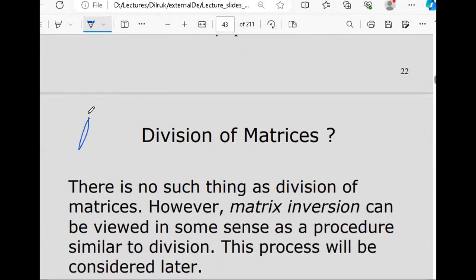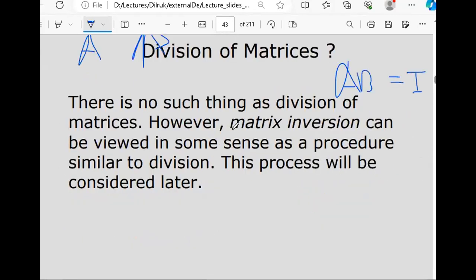If you have a non-singular matrix A, then there exists a matrix B such that AB is equal to the identity matrix. The inverse can be defined for non-singular matrices, not for singular matrices, right?